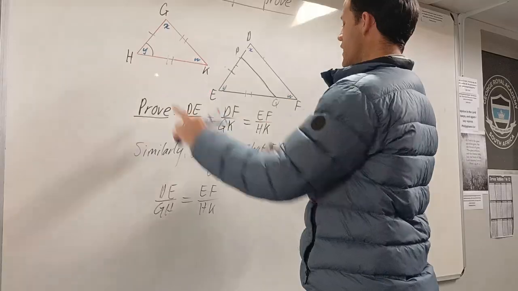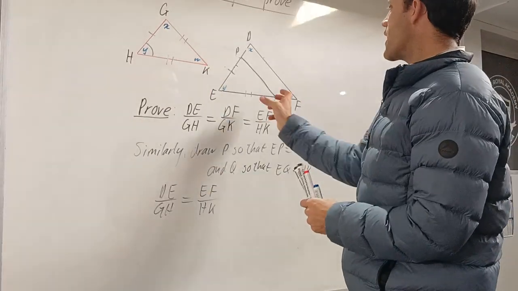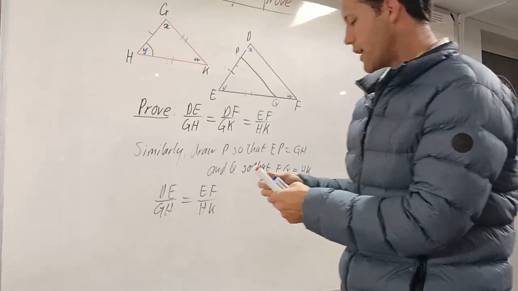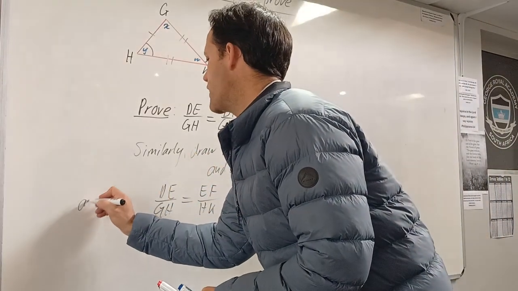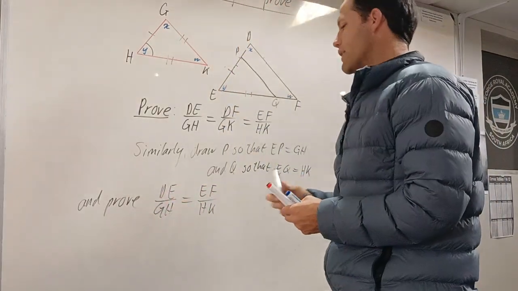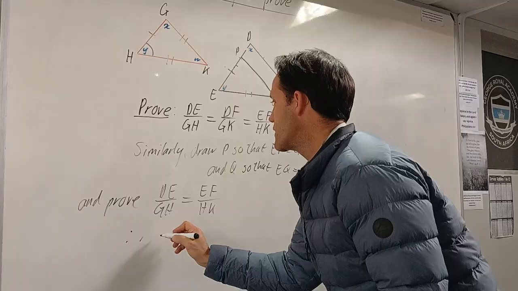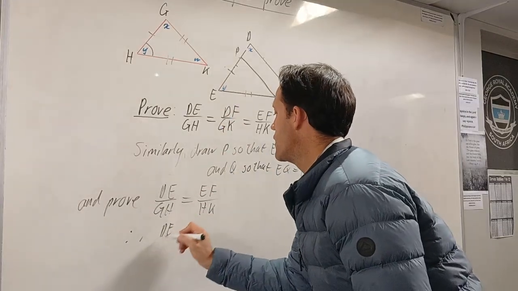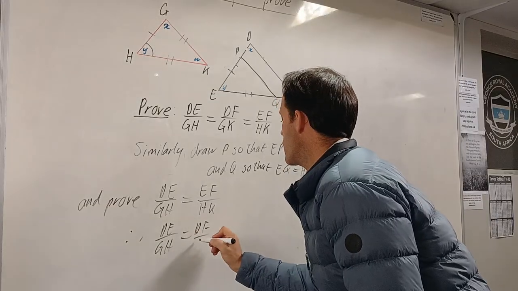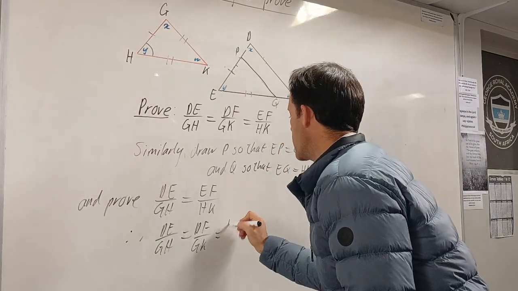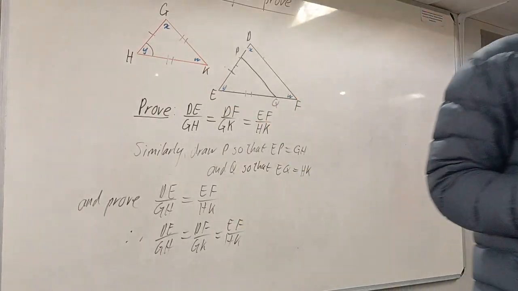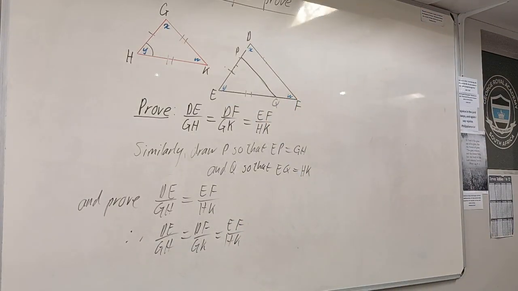So similarly I can put in this triangle and prove that. Therefore, DE over GH is equal to DF over GK, which is equal to EF over HK. So all the sides are in proportion, and therefore the two triangles are similar.